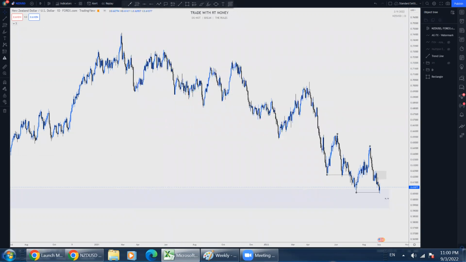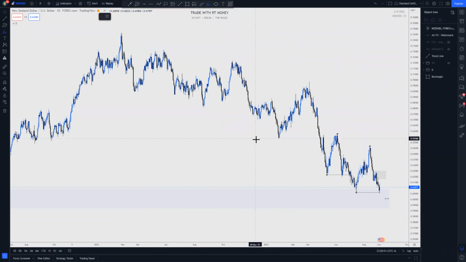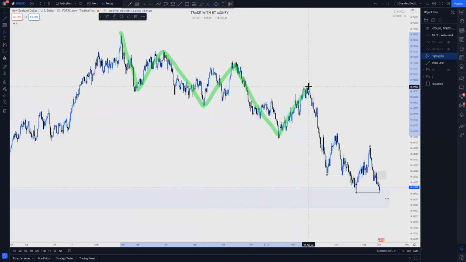Let's look at the daily. We don't have to do a whole lot of analysis on this. All we see is price from the swing high from February of 2021 making lower lows. Look at the swing points, the lowest points. Making lower lows, lower highs, lower lows, lower highs, lower lows, lower highs.